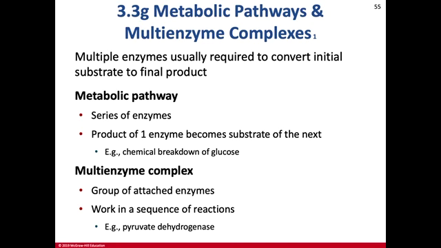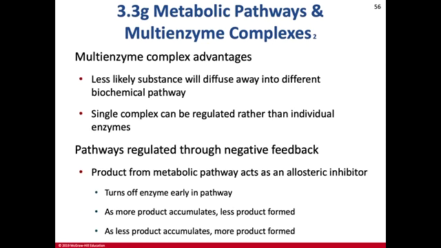And that allows them to be more effective at their job because we don't spend as much time worrying about random collisions, right? The product of one catalyzed reaction becomes the reactant of the next catalyzed reaction. So those are the advantages of multi-enzyme complexes.